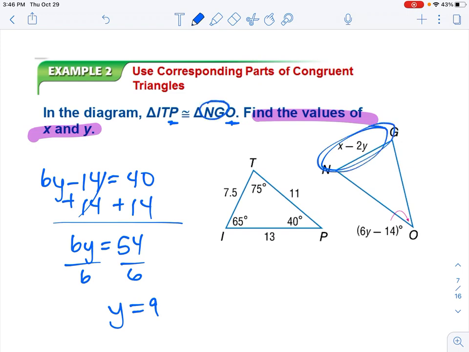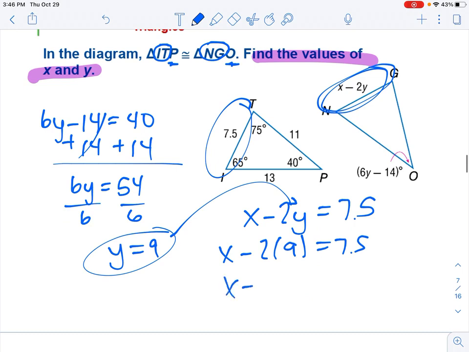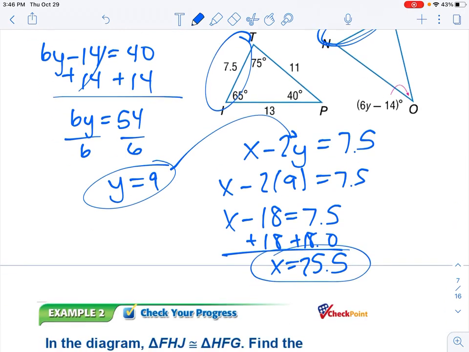Well, I know NG must equal IT, so I set them equal to each other. I already solved for Y, so I can just plug that in. And solve. So we have our two variables to solve for.